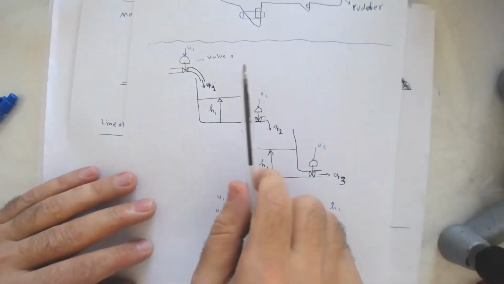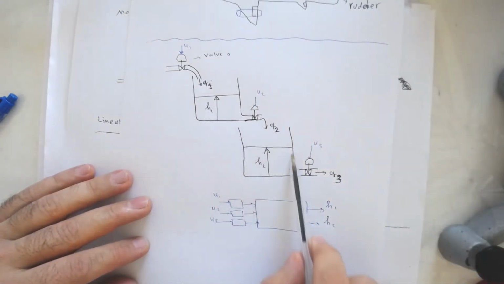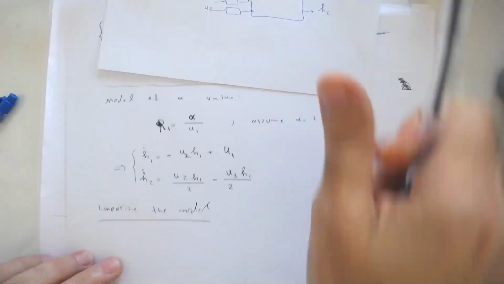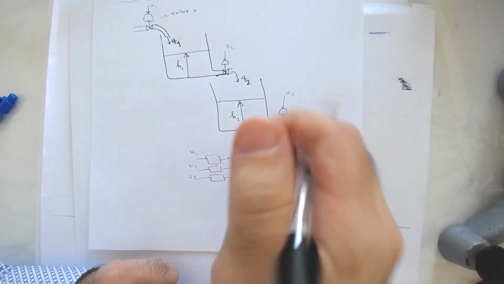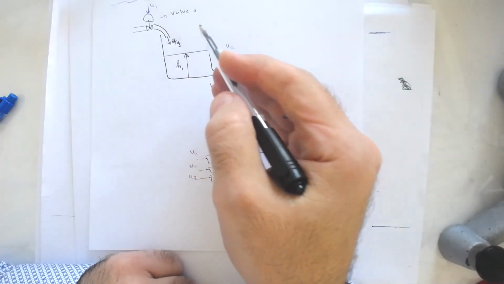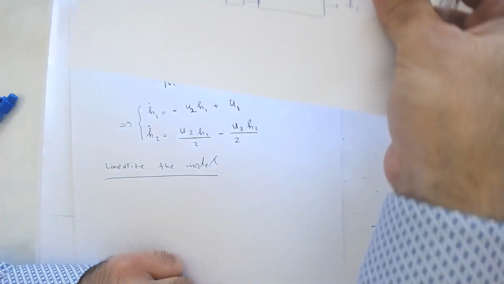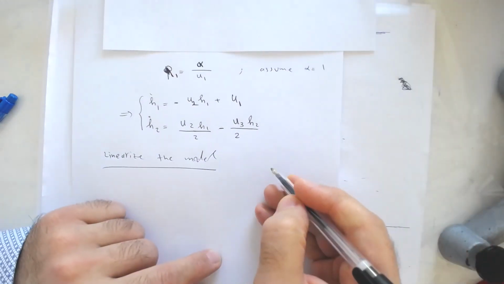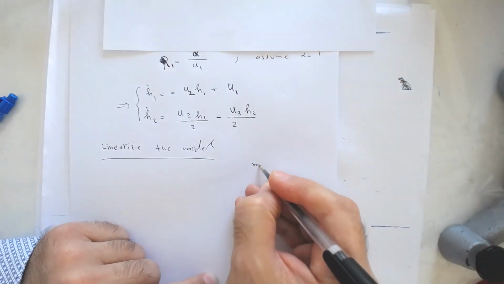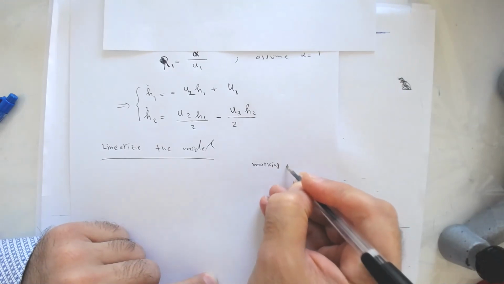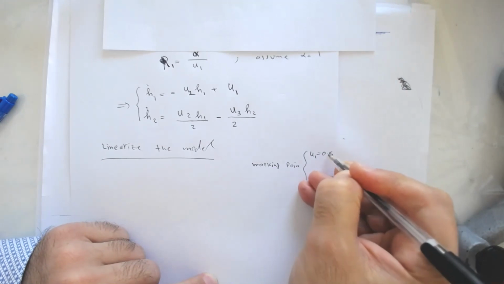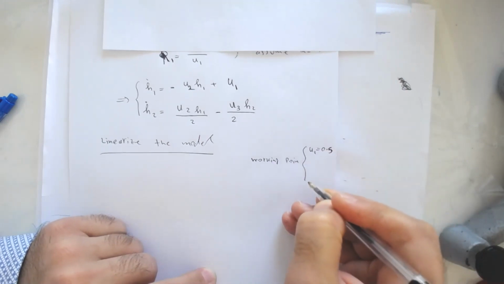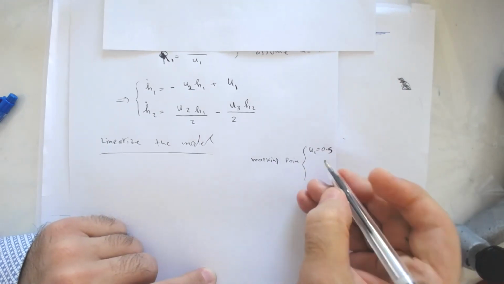So I assume that the working point we have is 1 meter here and 1 meter here. And also I assume that the valve is half open. So for the valve, I assume that U1, U2, U3 are equal to 0.5. So working point, U1 is 0.5, which means that, for example, the valve is half open, 50% open.